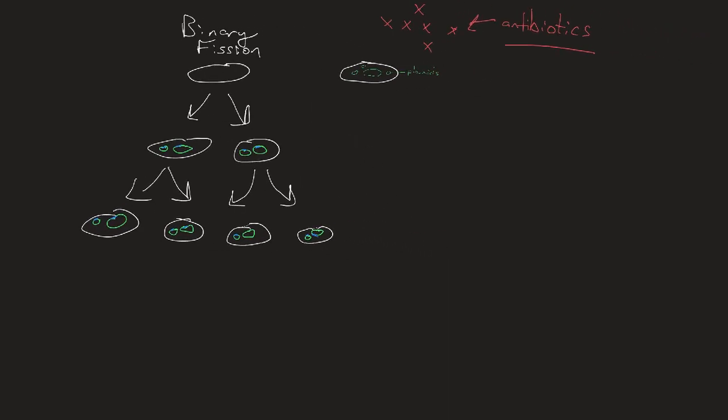This gene, obviously the original bacteria did not have that gene. That gene didn't even exist. What happened was a mistake, an error. This mistake or error you would know as a mutation.